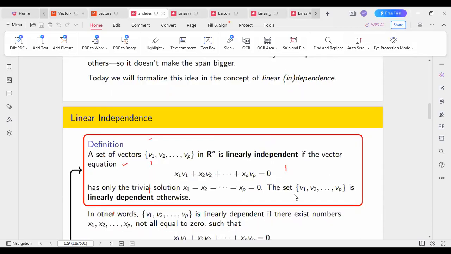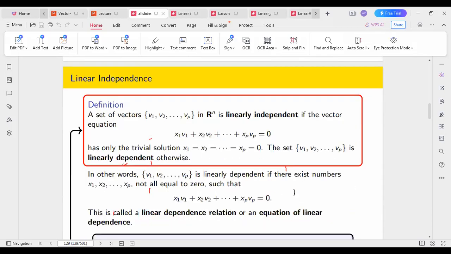So what is the definition of linear independence? A set of vectors b1, b2, up to bp in Rn is linearly independent if the vector equation, that means the linear combination equal to 0, has only the trivial solution. All scalars are 0: x1 equals x2 equals all the way to xp equals 0.